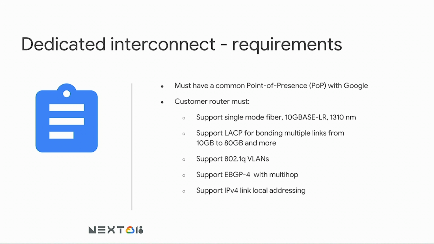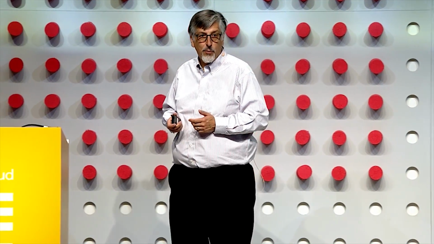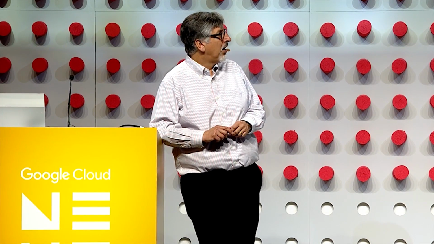So for customers that have very large data rate requirements or are thinking they're going to have very large data rate requirements, it's really important for LACP to be there. Support of 802.1Q VLANs, which most, if not all, routers support. eBGP with multi-hop is also required. And finally, IPv4 link local addresses. So all those are the requirements that you need for a dedicated interconnect solution.